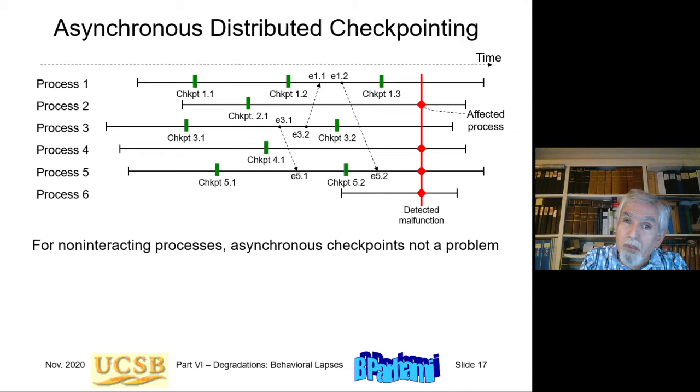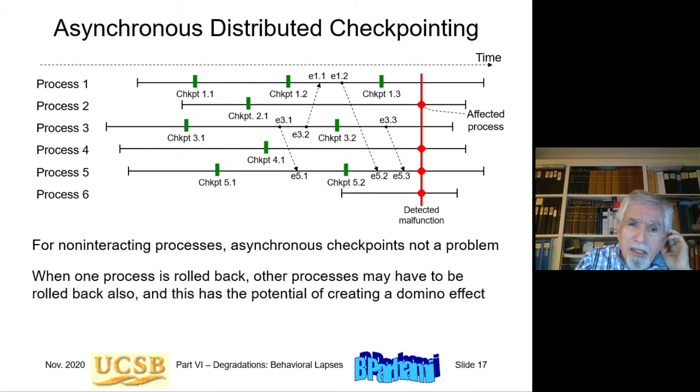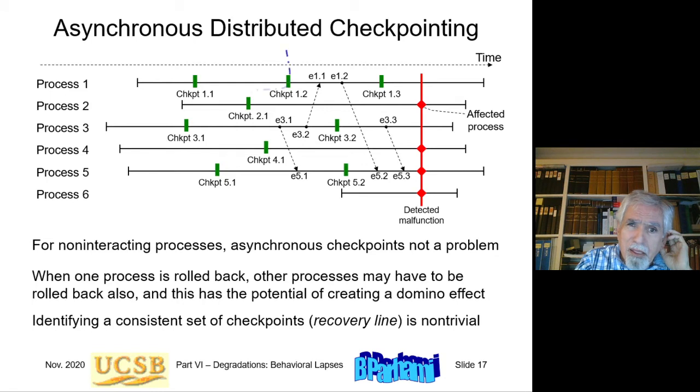In fact, in the worst case, I may have to roll everything back to the beginning because there were so many interactions that, as I try to maintain consistency, I have to roll everything back to the beginning. Okay, so basically, this may be a set of consistent checkpoints for these processes.